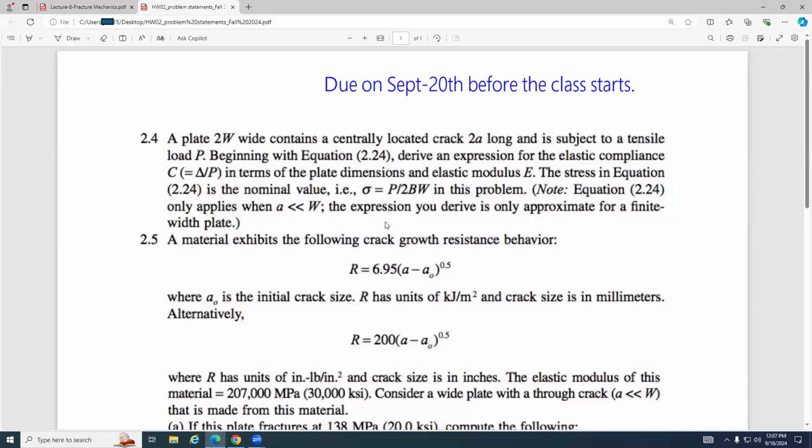So you can just plug this in, and you will have P squared pi A over 4B squared W squared E, Young's modulus. So this guy equals this.